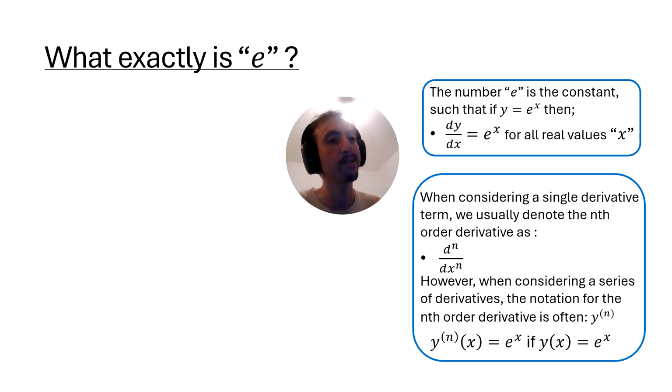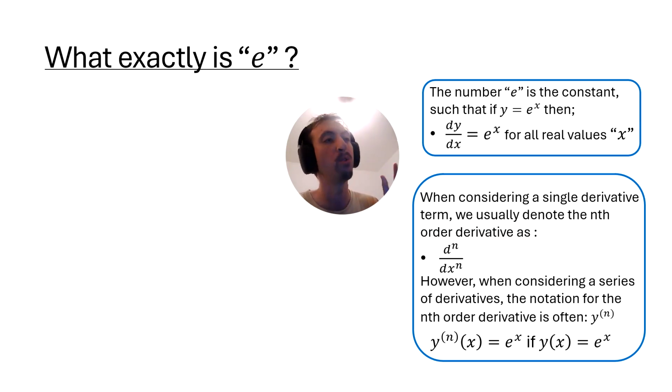Now, because acting a first derivative on e to the x doesn't change e to the x, it follows that if we have an nth order derivative on e to the x, we will always get back e to the x no matter what integer value n takes.